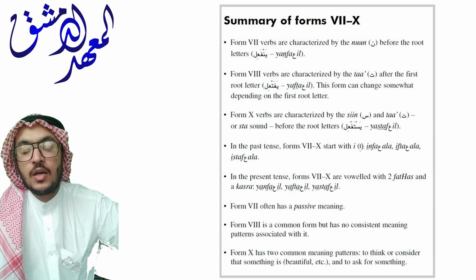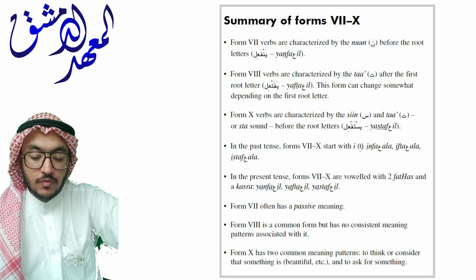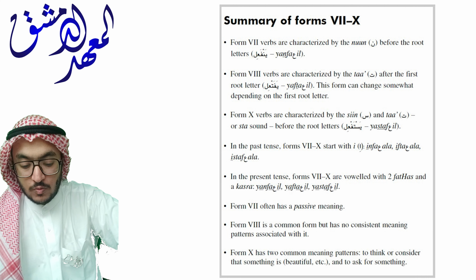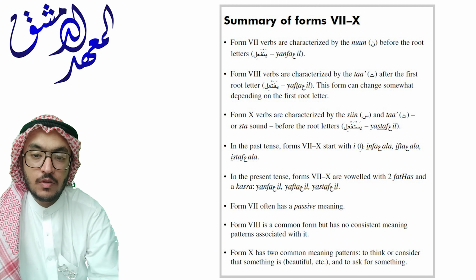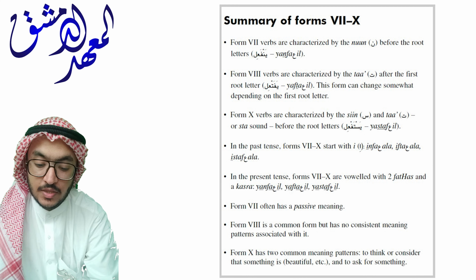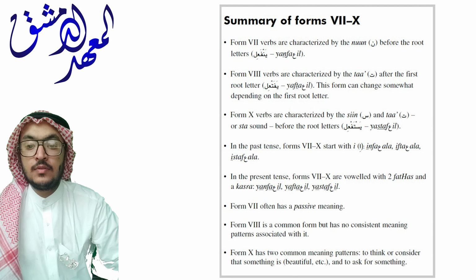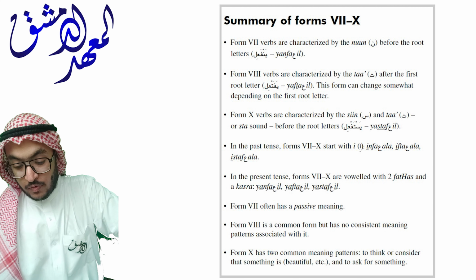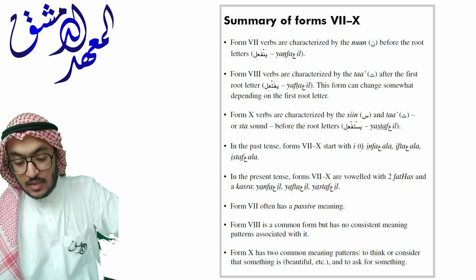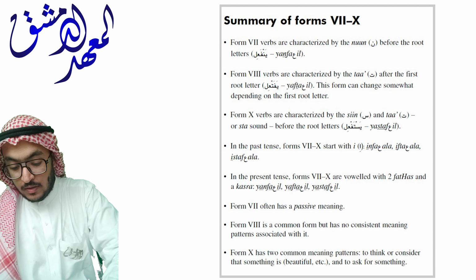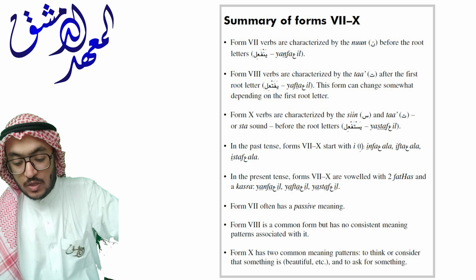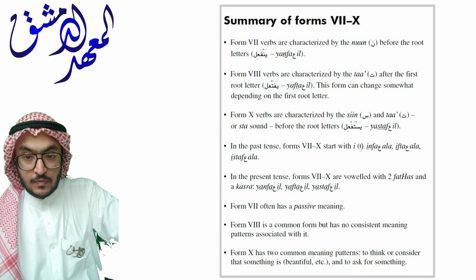So now you have the summary of the form 7 to 10. The form 7 verbs are characterized by the noon before the root letter, yanfa'il. And the form 8 verbs are characterized by the ta after the first root letter, yafta'il. This form can change somewhat depending on the first root letter.